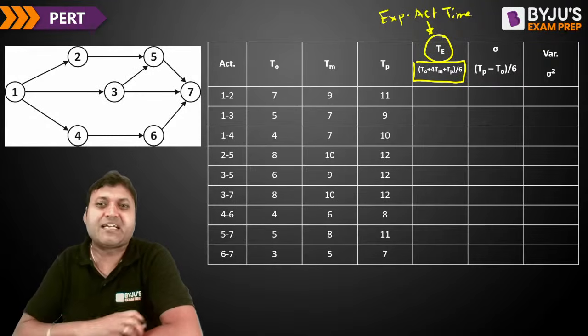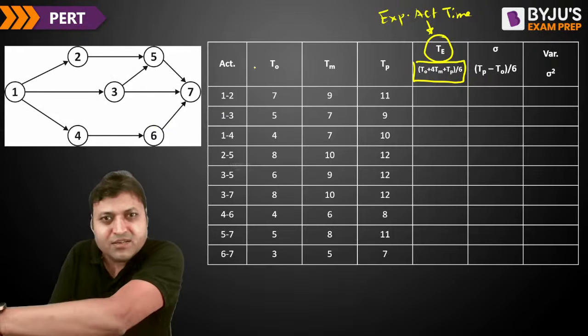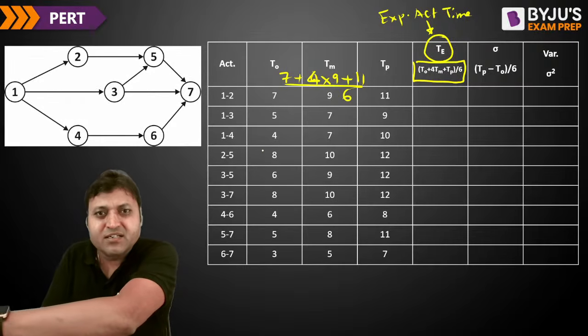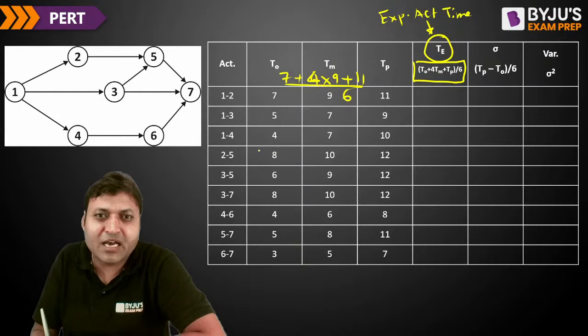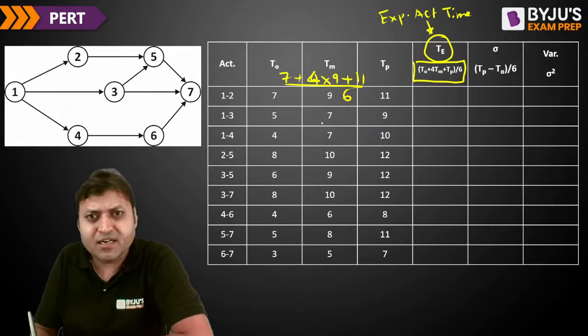That will give the expected time for activity 1 to 2. If we do the calculation, it will be 7 plus 36 plus 11, that is 54, divided by 6. Is it 54 by 6?